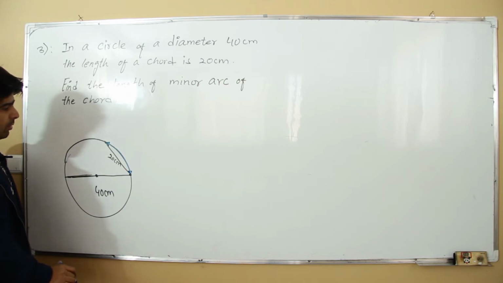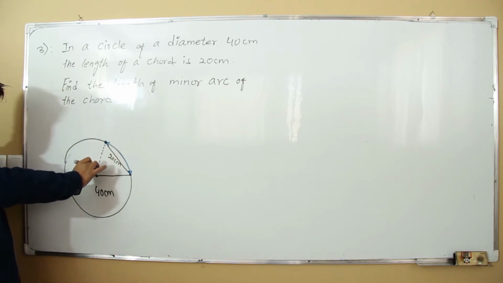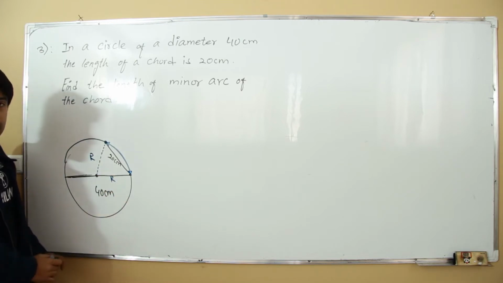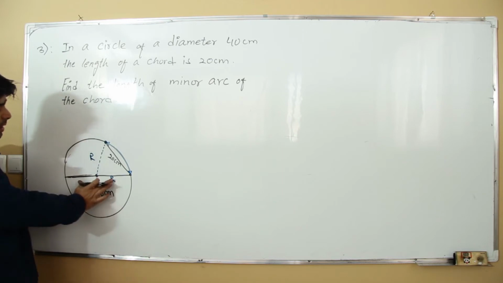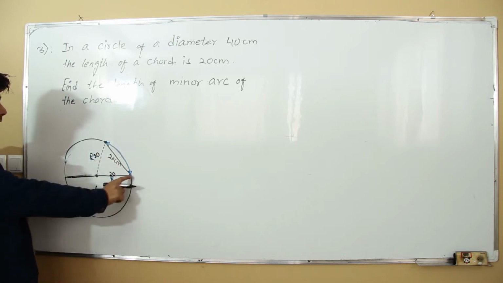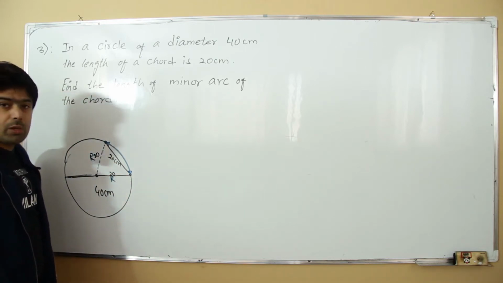Now one thing we know is, if I join these 2 parts, this is our radius and this is also our radius. If the diameter is 40, so the radius would be 20 and this radius would be 20, and we have in here equal sizes of the sides of the triangle.